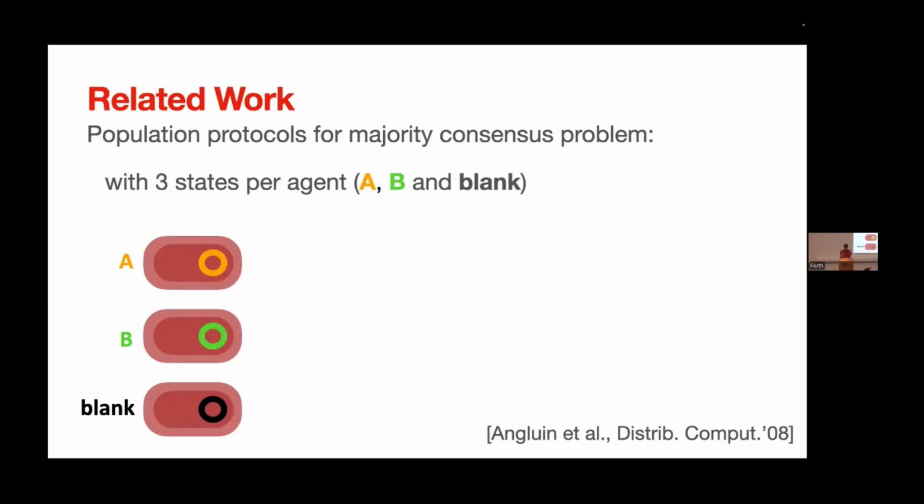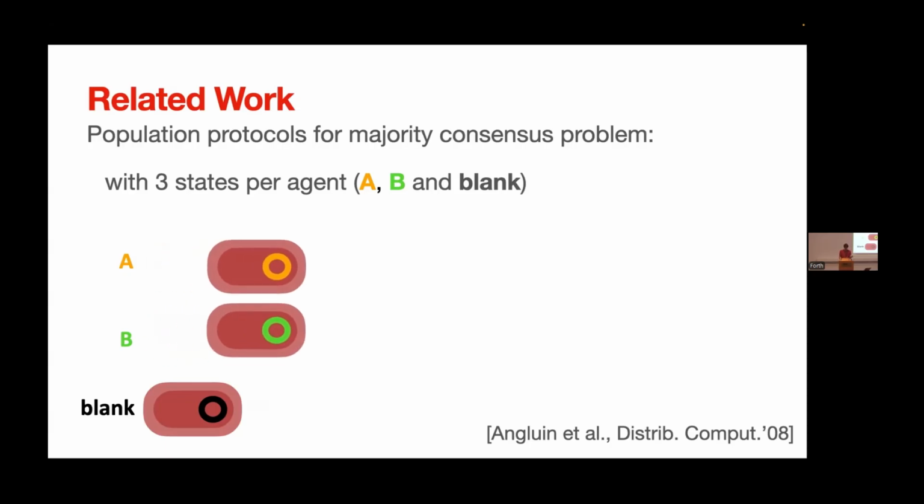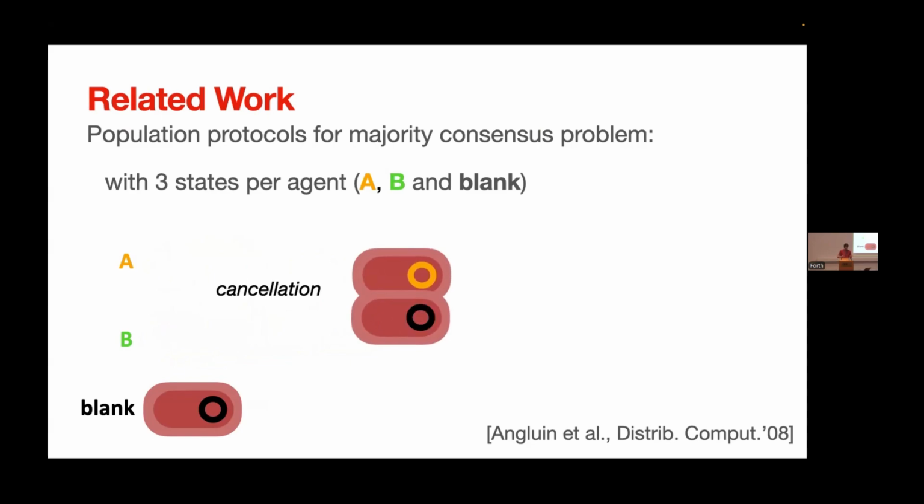I already said at the beginning, in the first part, that there is an analogy between population protocols and CRNs, and a very similar looking protocol has been analyzed. One of the early population protocol works looked at this: when A and B meet, they more or less cancel each other. This has been used to solve a certain problem, which is the majority problem.